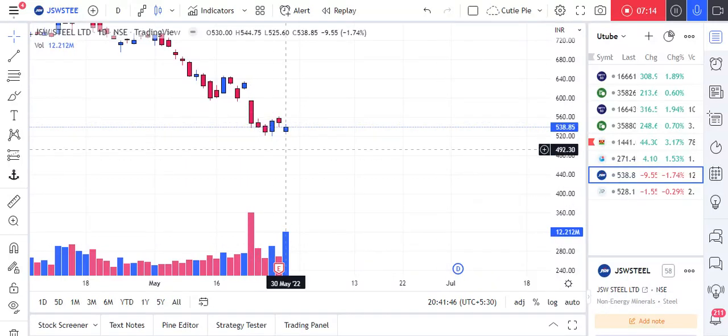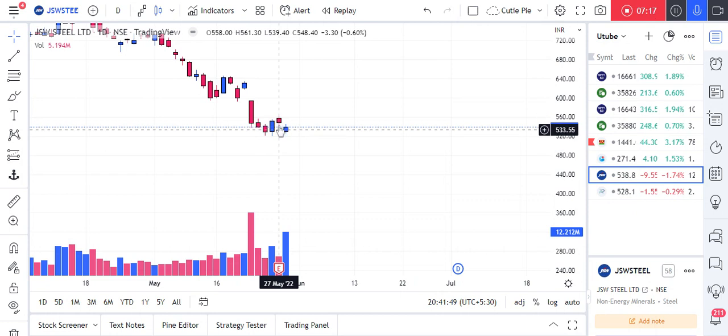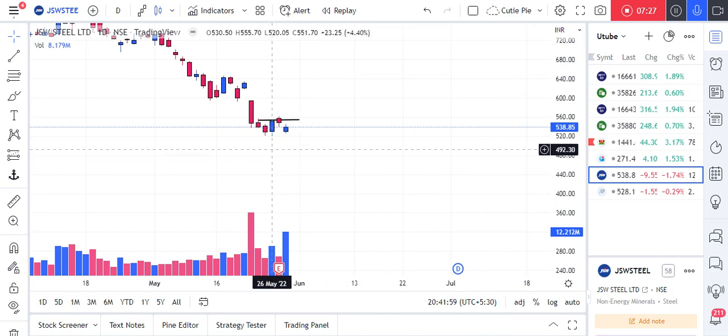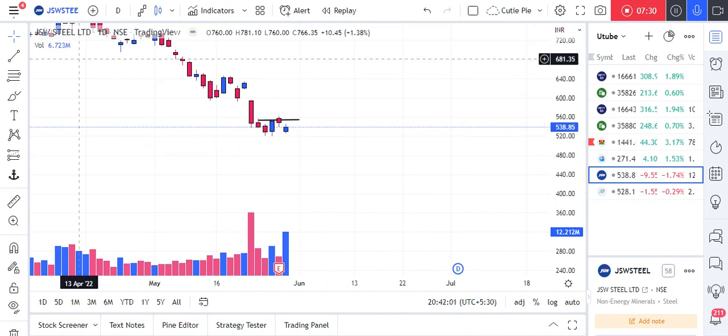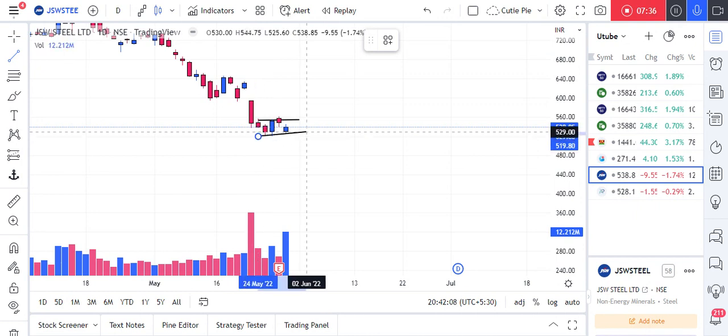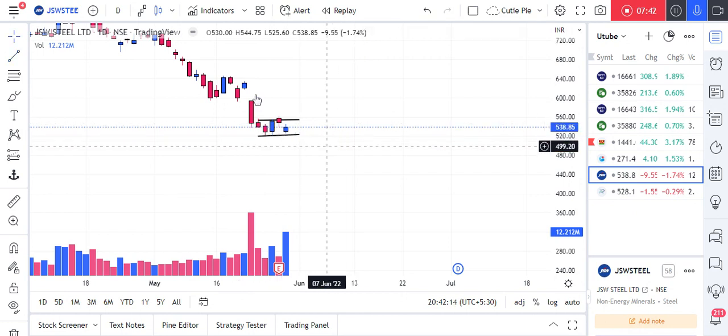So here this is the earnings day movement. I am marking the high of the previous 3 days, and also the low of the 3 days. The movement was not that much, but still we had a trade setup, and it moved nicely.